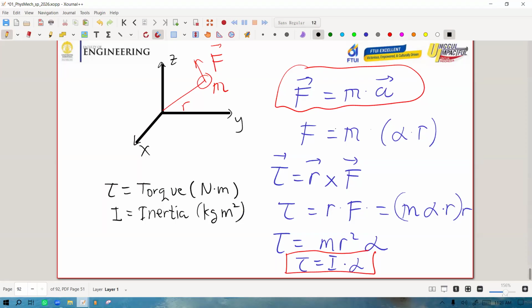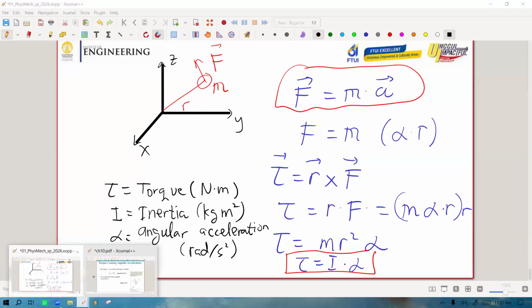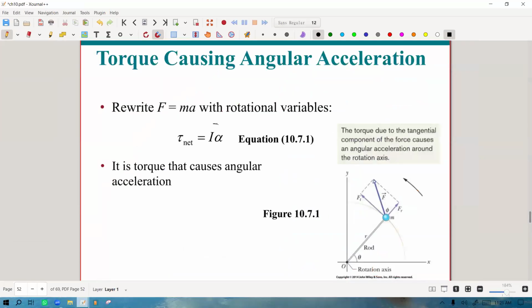The inertia is analogous to the mass, and alpha is angular acceleration, in radians per second squared. So we get this relation: tau net is I times alpha. This one is torque causing angular acceleration.